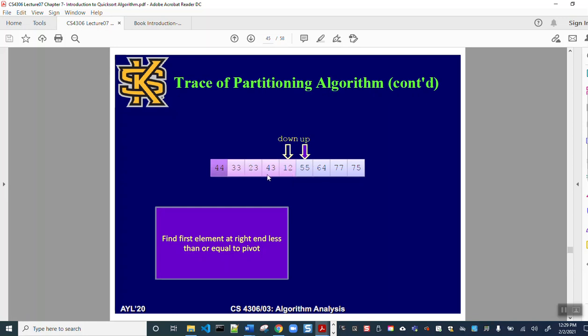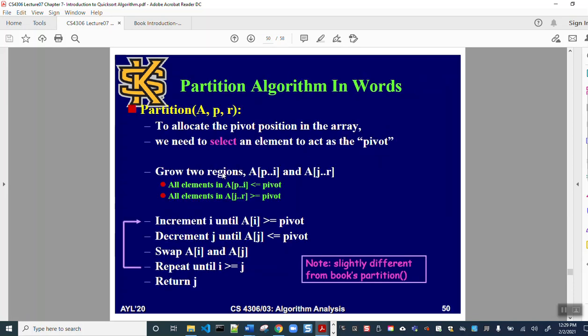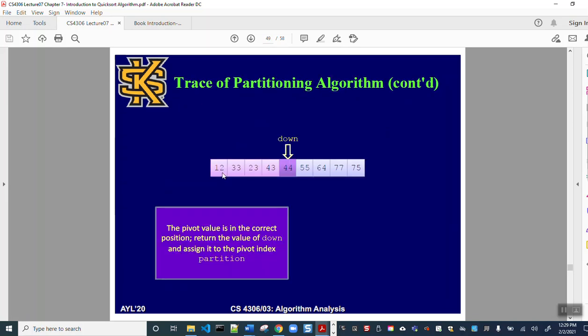Again we will see if any element on the right of up is greater than 44, and any element on the left is less than 44. Actually, at this point these two elements are in position. Now we need to repeat this for this part and this part, right?